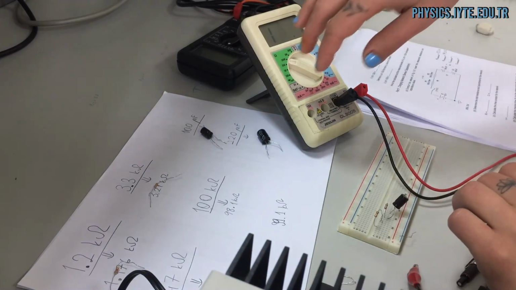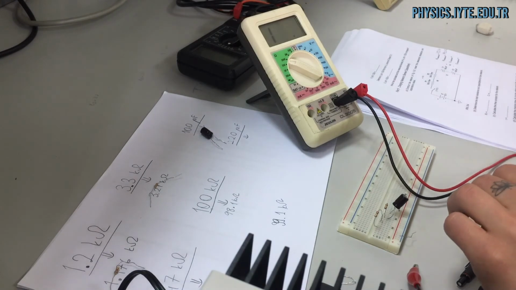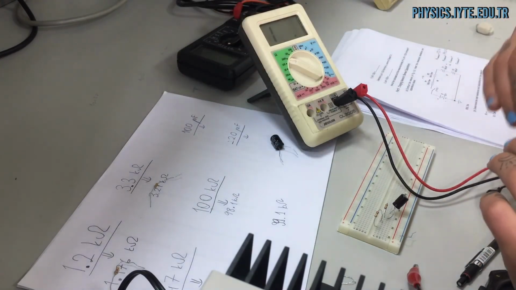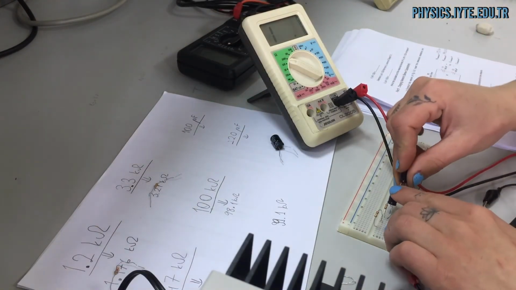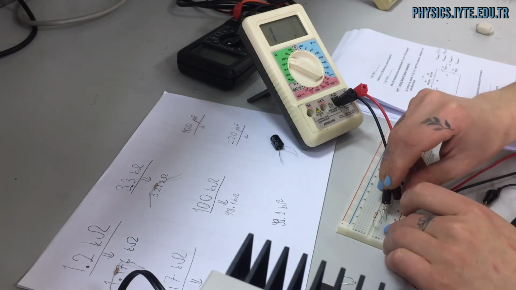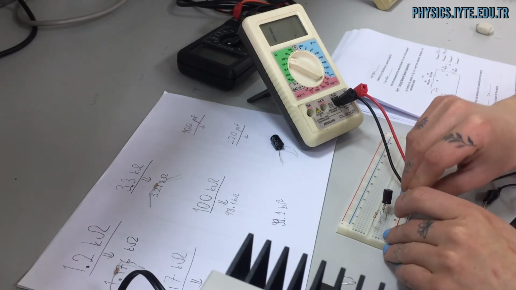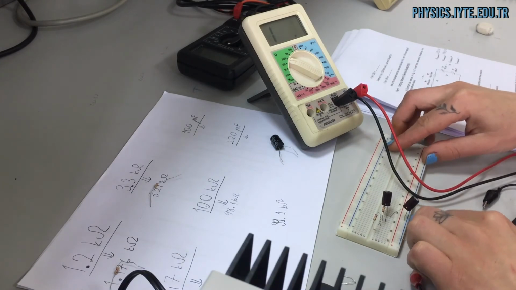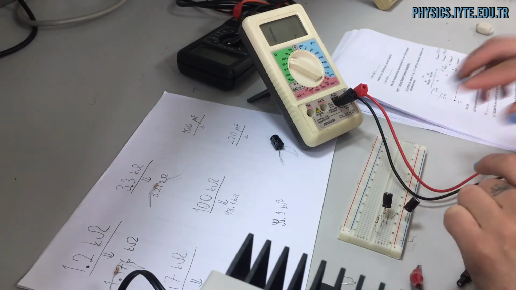And as a second capacitor, another 100 microfarad capacitor will be used with a series combination, and the minus end of this capacitor will be at the ground.